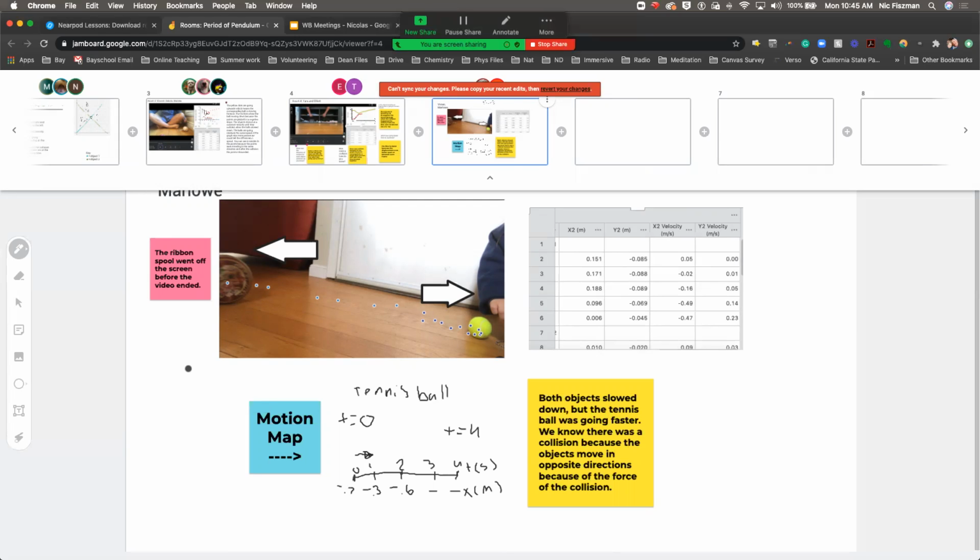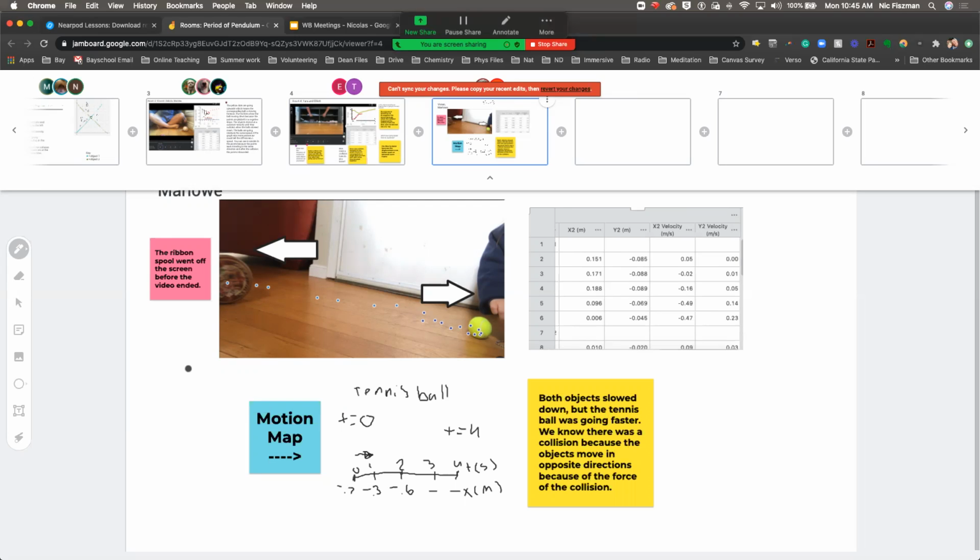Well, I couldn't actually capture the full set of data points for the table, but in the small part there, you can see the second object is the tennis ball, so it was going really fast at first because I pushed it into the ribbon, but then it slowed down because it bounced back.